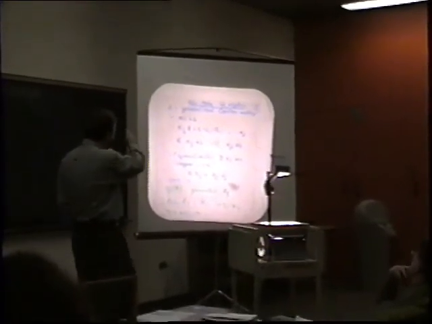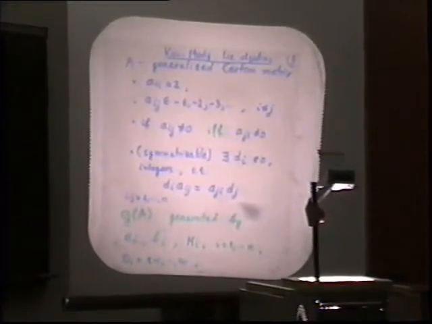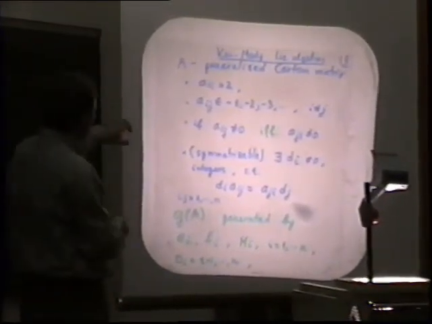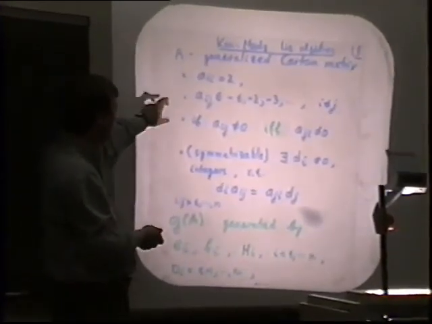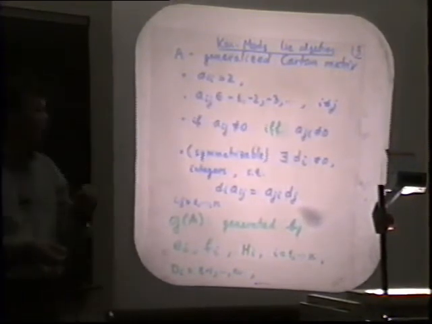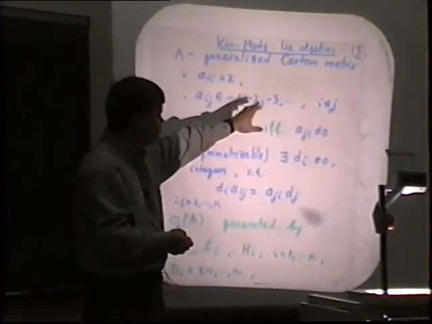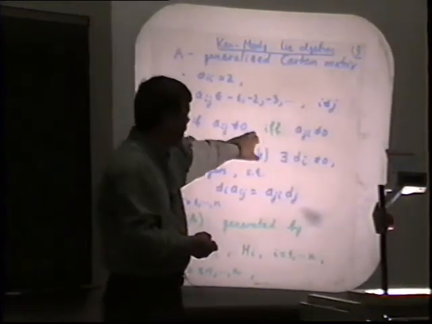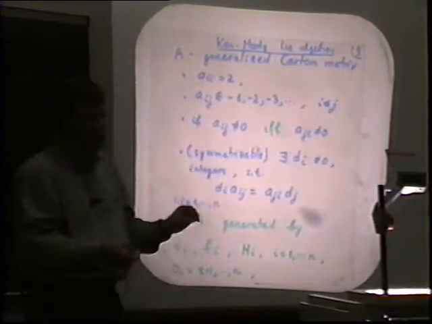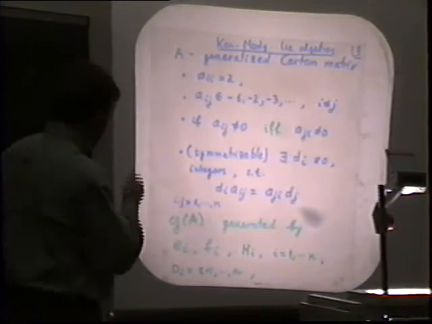So now a few more definitions. Now, Kac-Moody algebras. Let A be a generalized Cartan matrix. Essentially what it means is that it's a finite dimensional n by n matrix, with the diagonal elements equal to 2, and off-diagonal elements have this property: they are either 0, -1, -2, or any non-positive integer. And there's this extra property that a_ij is non-zero if and only if the transposed element a_ji is also non-zero.